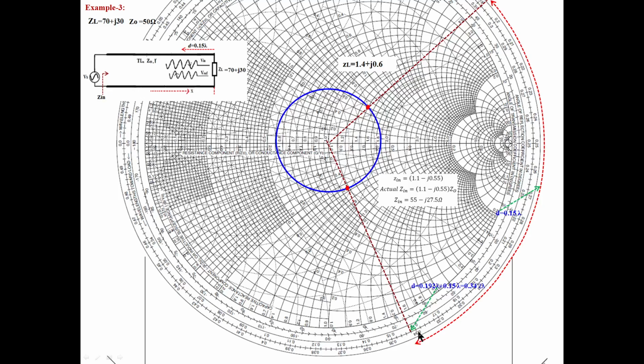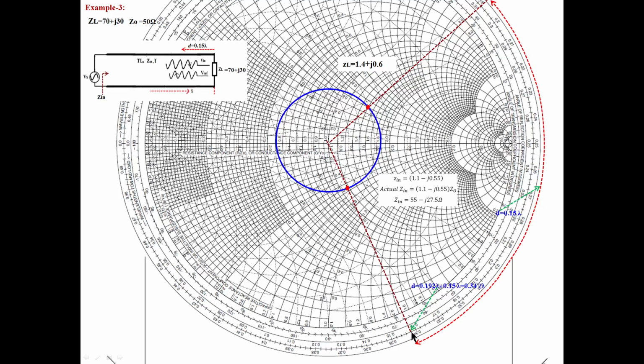Starting from 0.192, we move clockwise on the generator scale and stop at 0.342 lambda.